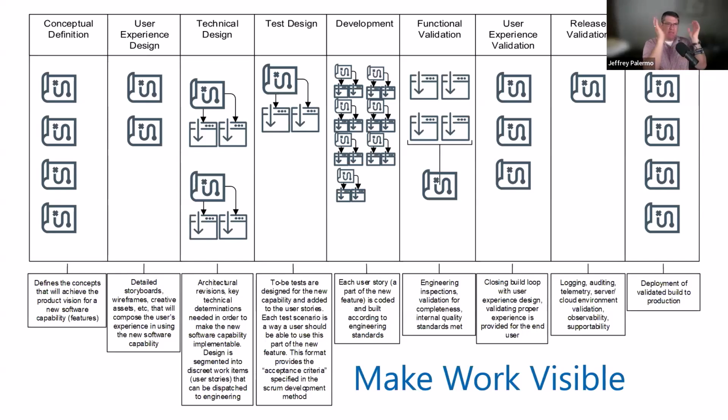If you take the process like a sandwich and fold it onto itself, the things that happen before development, before coding, are design decisions. The things that happen after the development column, where the code is written, are validation, testing, or verification activities.